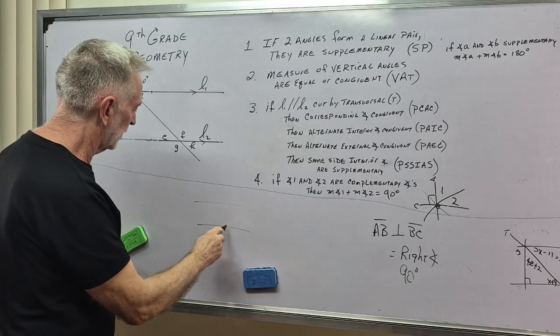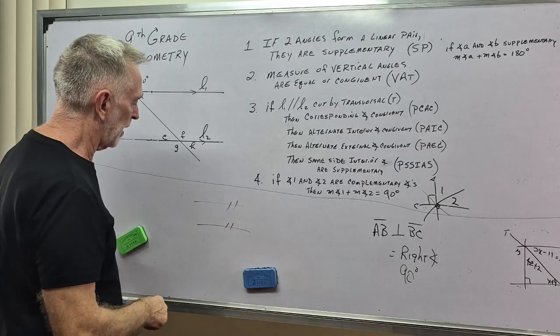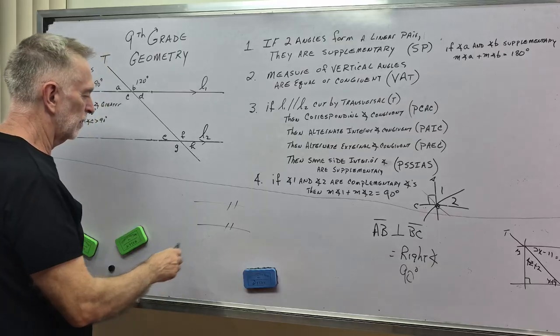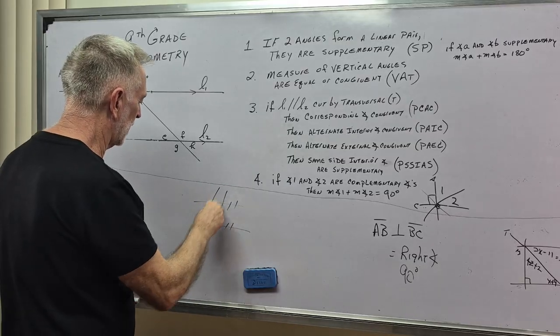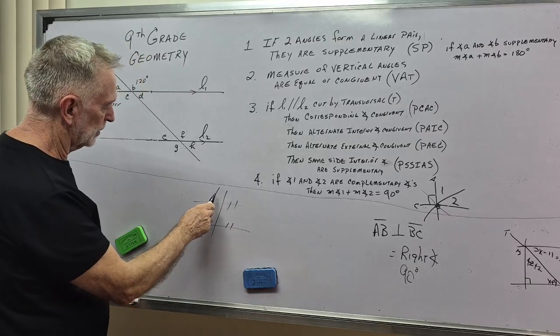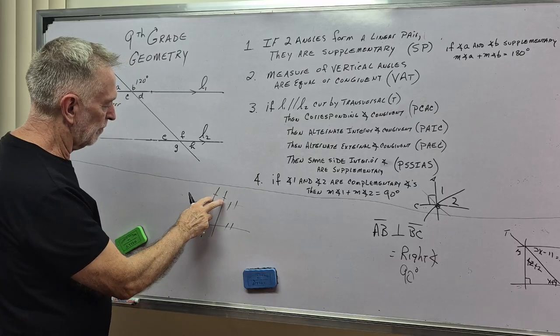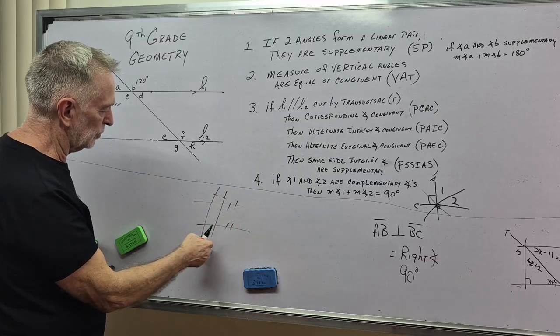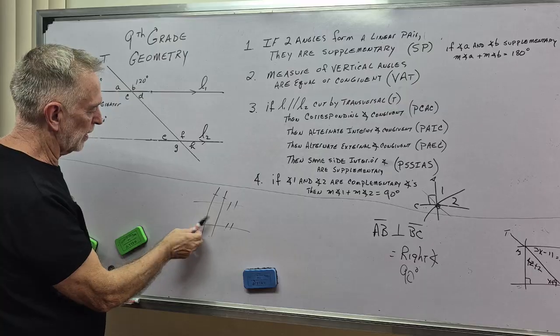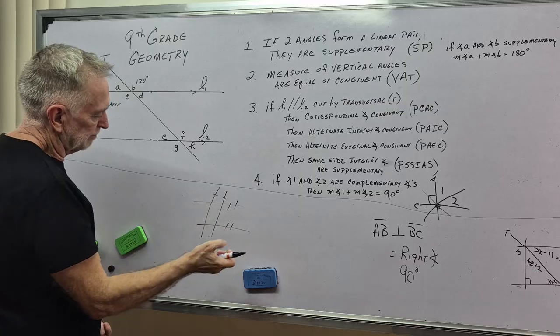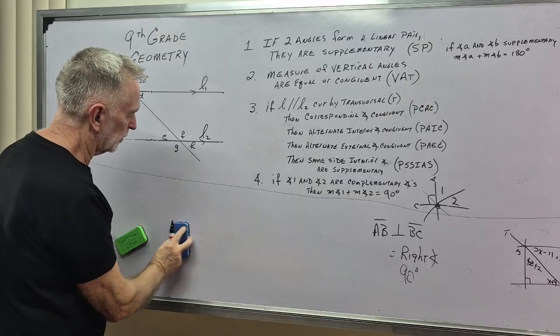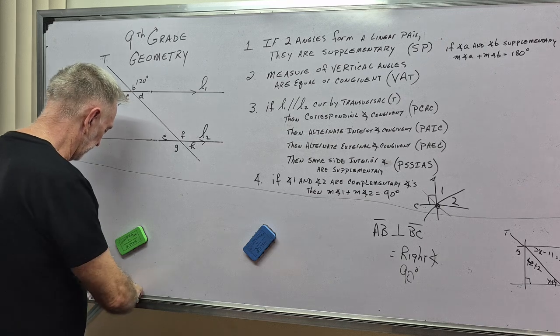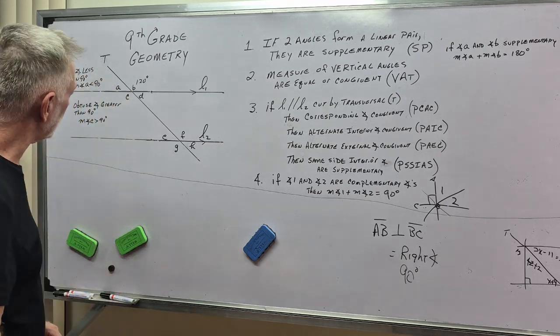Sometimes you'll see two other lines like this that only have one tick on them and these have two. It says these two are parallel, these two are parallel. So just note that depending on the text that you're looking at.